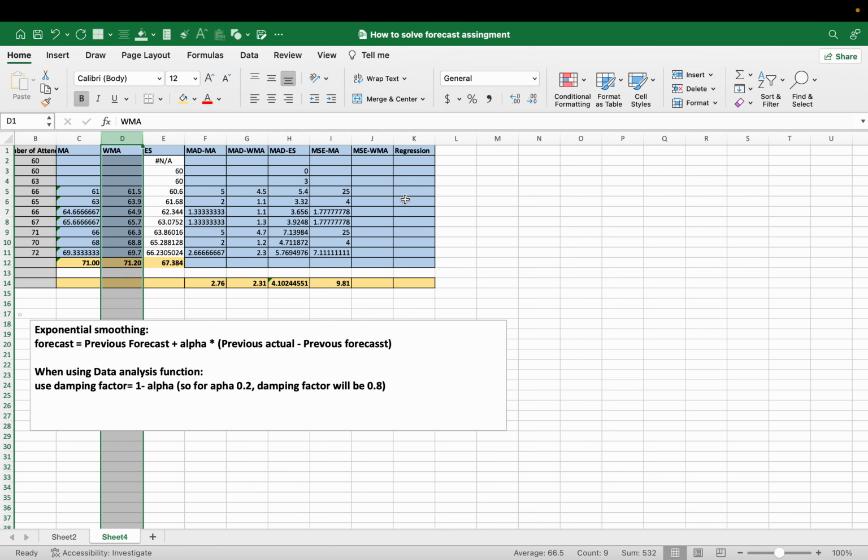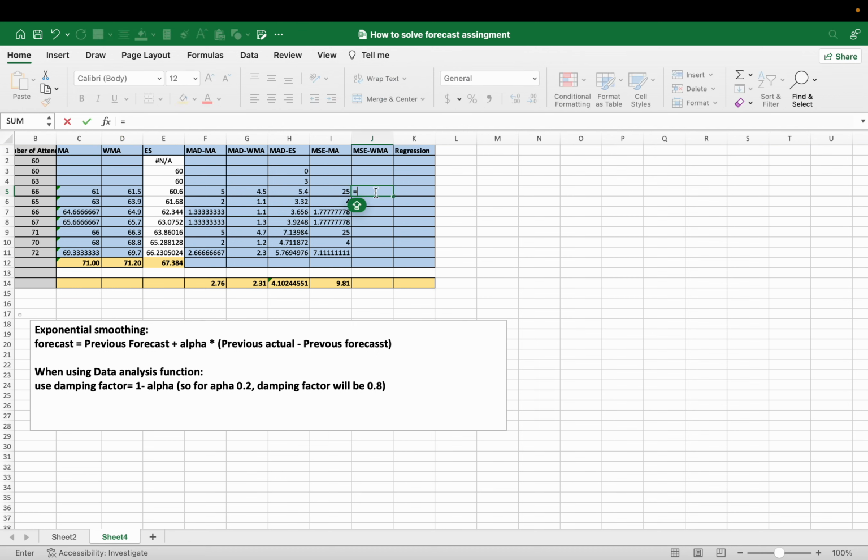against weighted moving average. And again, because the first data point is available here, so I must start from here, is equal to take a difference of 66 minus weighted moving average, and then take it square by pressing shift 6 and then 2, which means power 2, and then again drag it, and remember you have to drag it up to this point, and then take average.